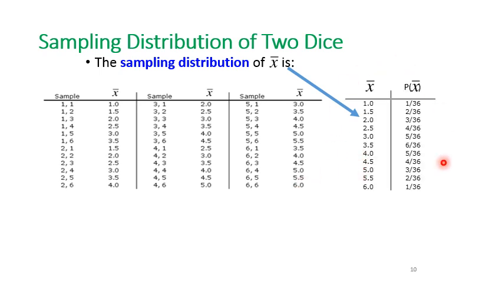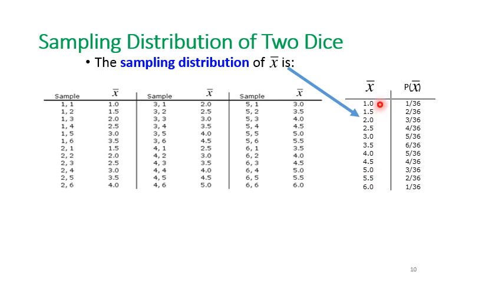To start constructing the probability distribution table of x bar, I will list the possible values for x bar. The possible values are 1, 1.5, 2, 2.5, 3, 3.5, 4, 4.5, 5, 5.5 and 6. So we have 11 different values for the sample mean.